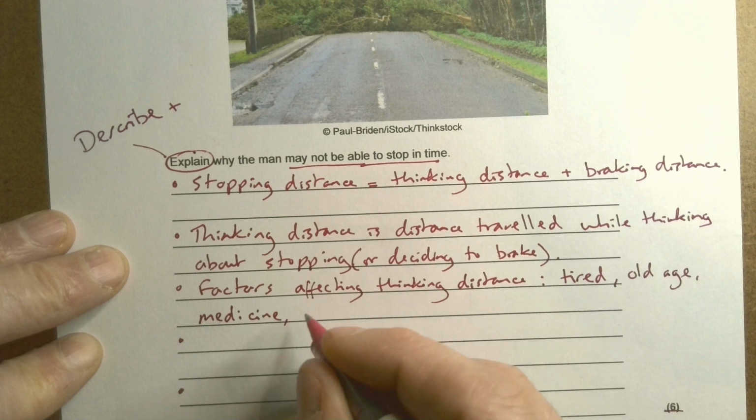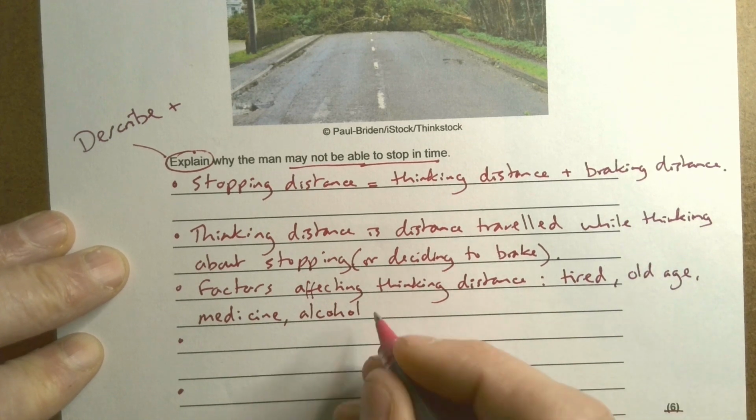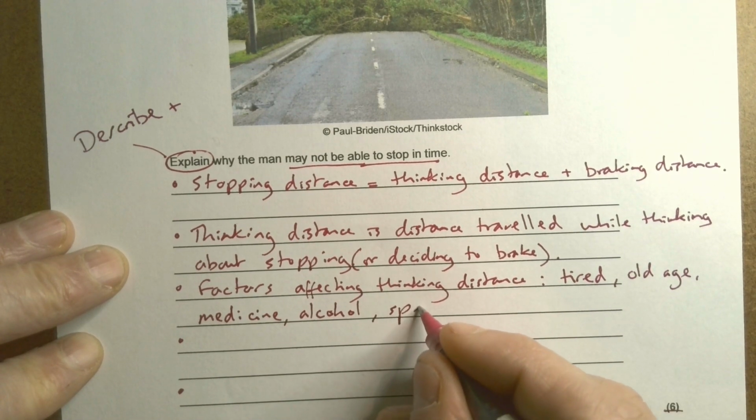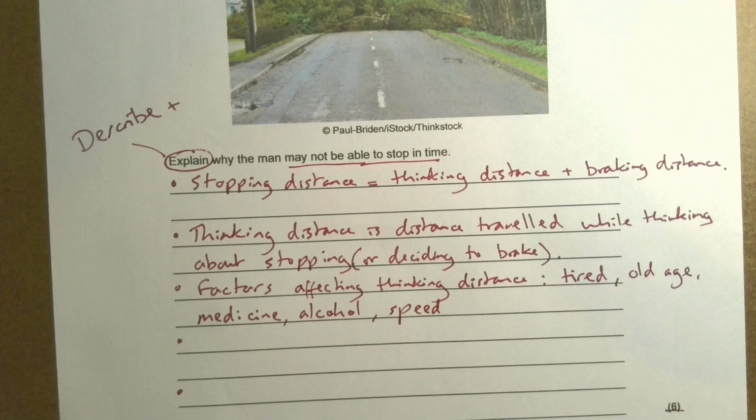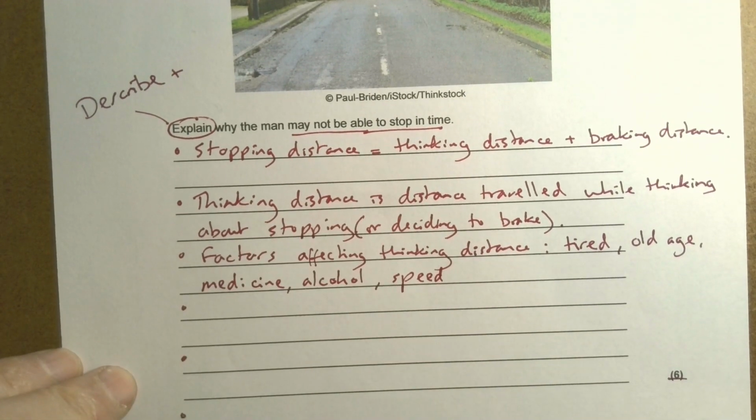The person could be drunk, so alcohol. And also speed. So the speed of the vehicle, the faster you're going, the further you'll travel whilst thinking about stopping. So that's 3 bullet points talking about what thinking distance is and stopping distance.